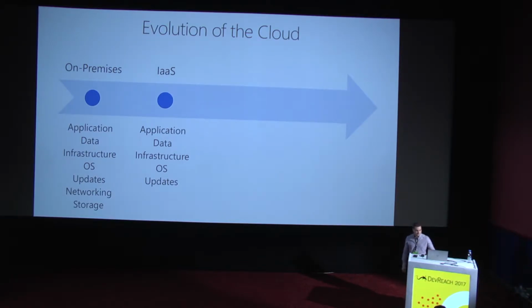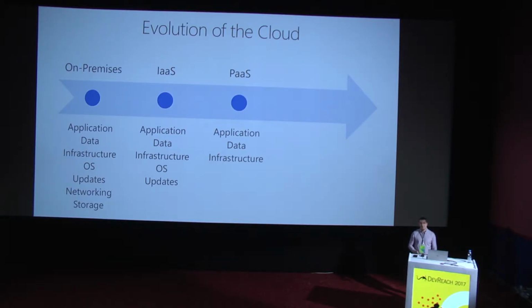Now, many people actually consider this next step, platform as a service, as the first big breakthrough of the cloud providers, where the cloud provider said, okay, let's actually take care of this operating system thing. And you just have your data and an application, you upload it somewhere, and they run it for you.